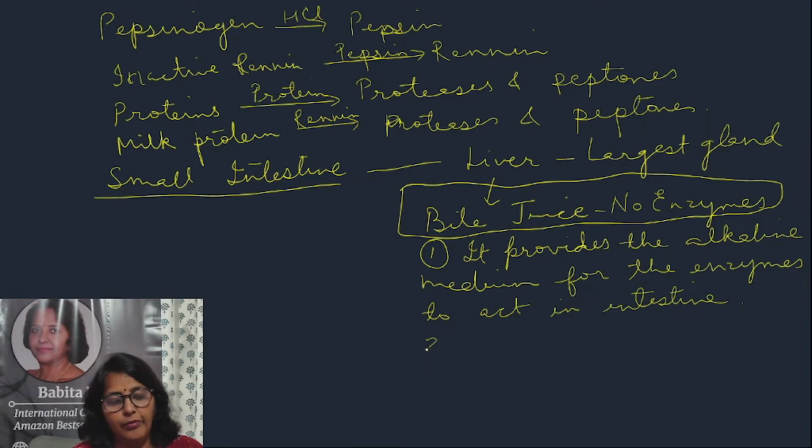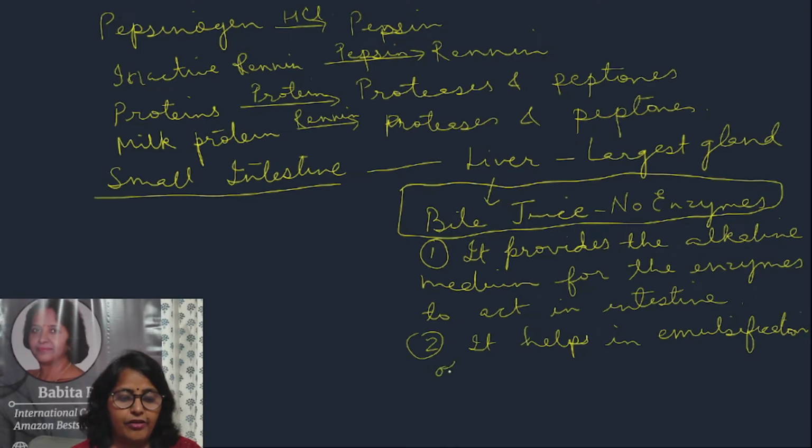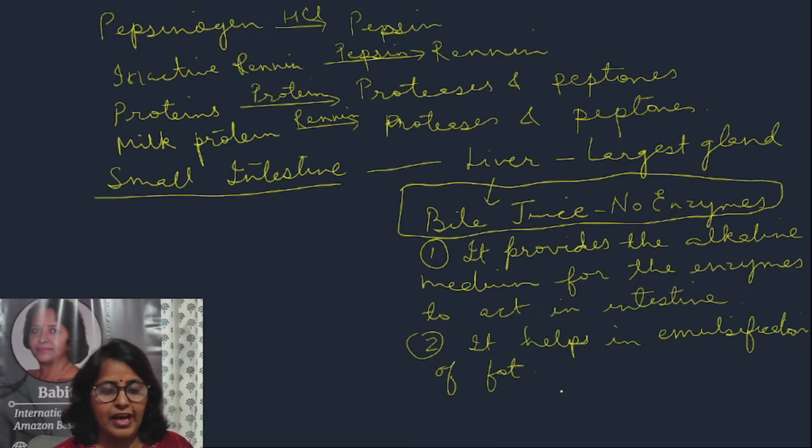Even more important than that, it helps in emulsification of fat. What is emulsification of fat? Emulsification of fat is the breakdown of fat molecules into smaller molecules. For example, suppose I have a fat molecule over here, it is broken down into smaller molecules of fat.